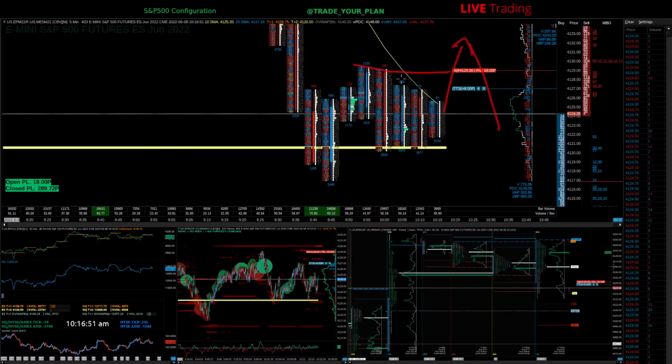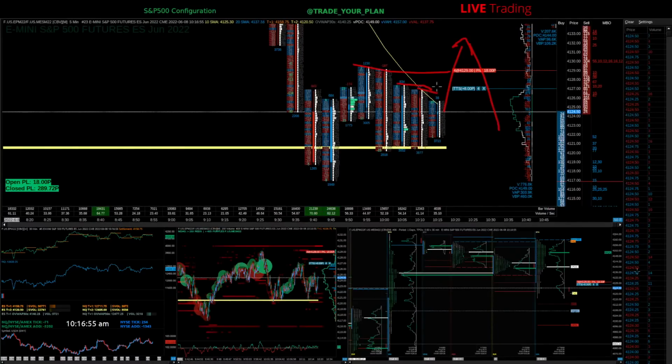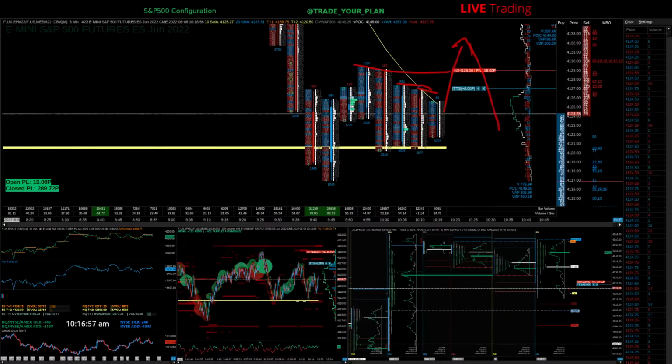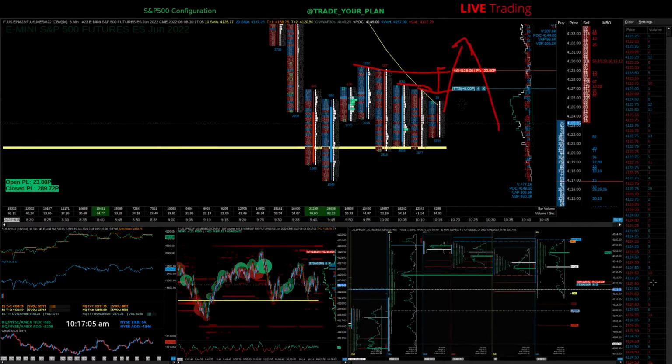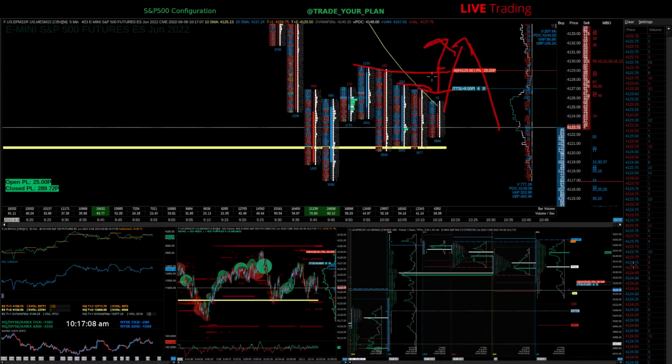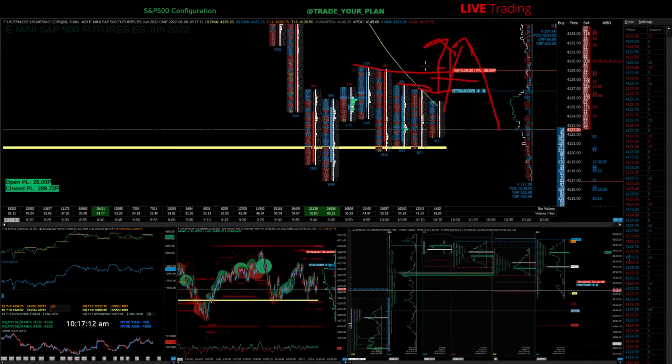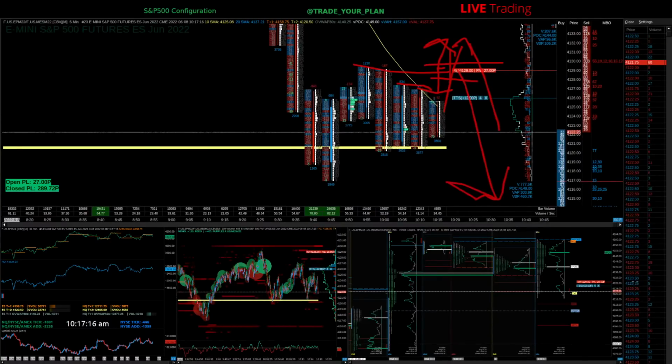But if we start breaking this structure here, making a higher high, it's just going to rip anyway for a little bit. So absolutely no reason for me to lose any money on this trade. None whatsoever. If we rip up, I can always get back into the trade on a rejection around the same point and have the same downside potential as what we're doing here.